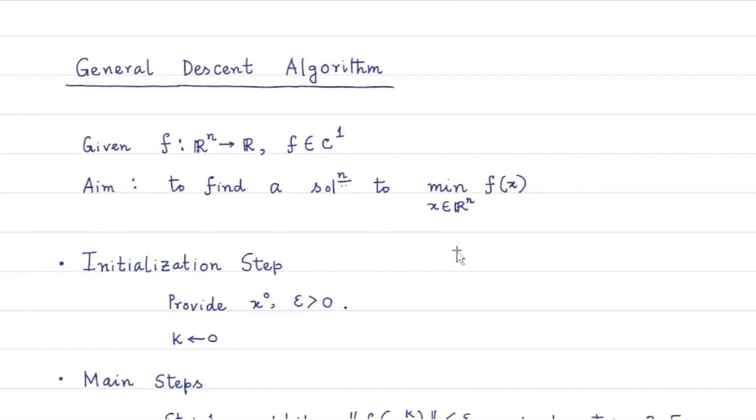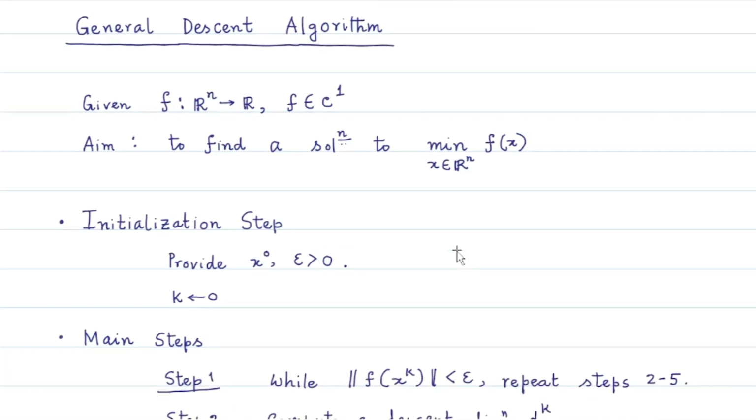A general structure of the descent algorithm is as follows. We consider a function that has continuous first order partial derivatives, and in this algorithm, our aim is to identify a solution to this problem. By a solution to this problem, ideally we mean we are endeavoring to identify a point x bar at which this function f has a global minimum.